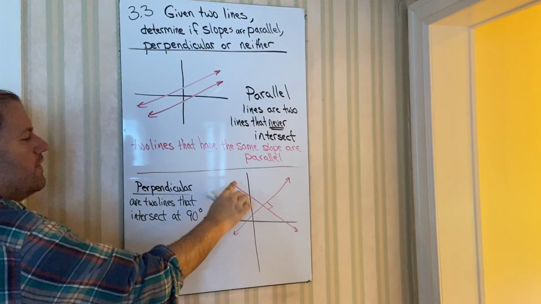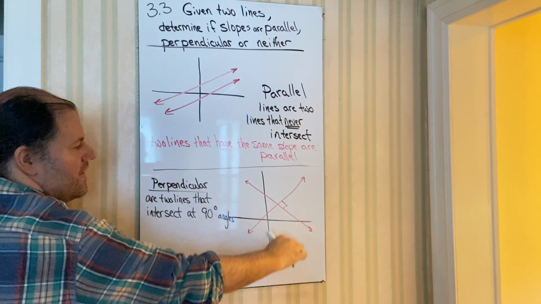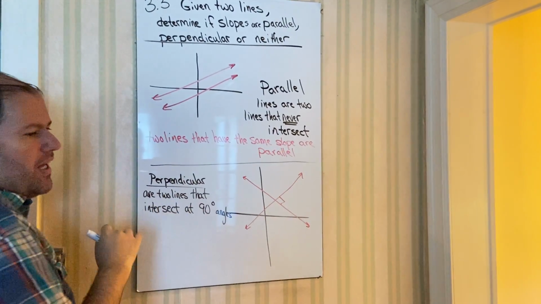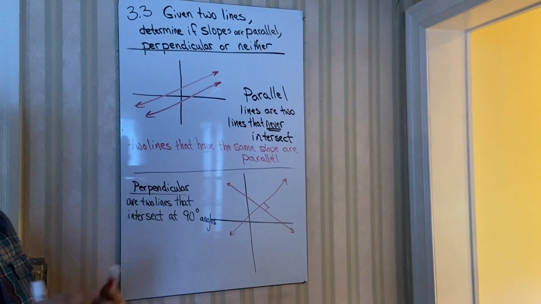Now, notice one slope has to be negative and the other slope has to be positive, okay? So they always have to be inverses of each other.